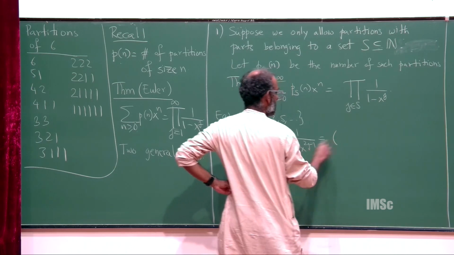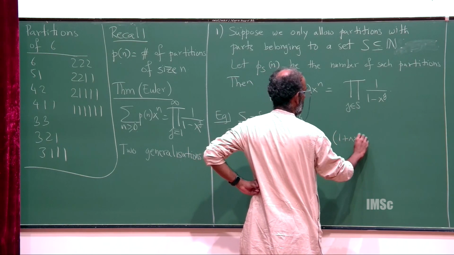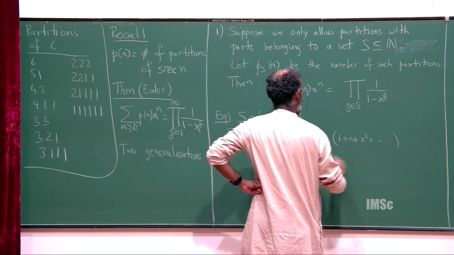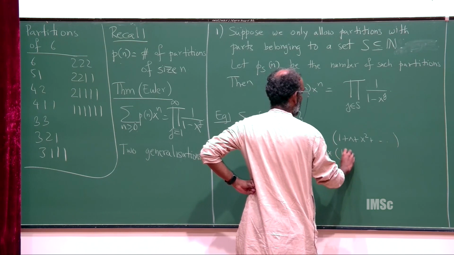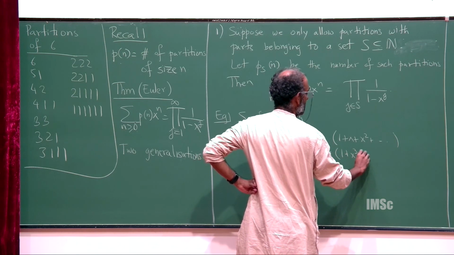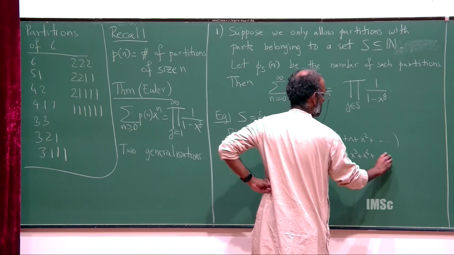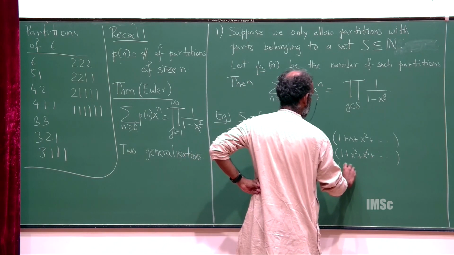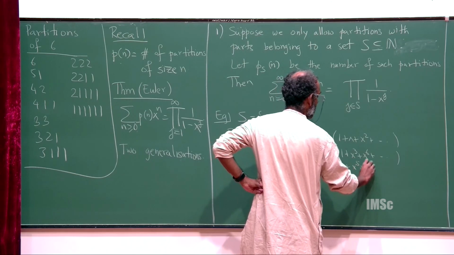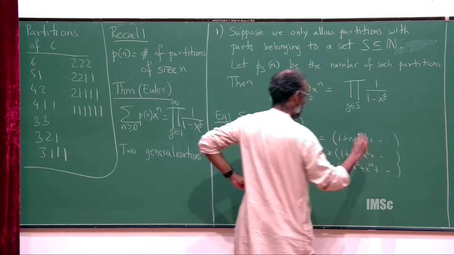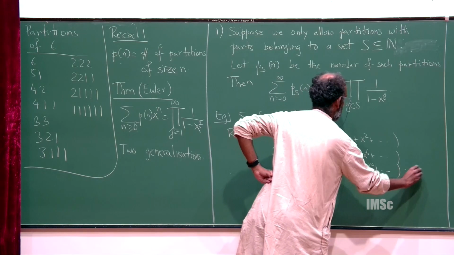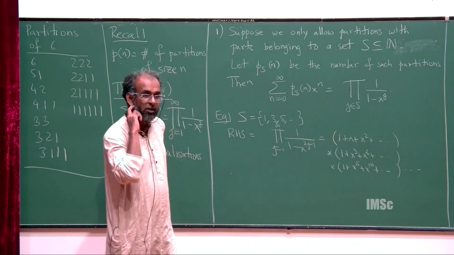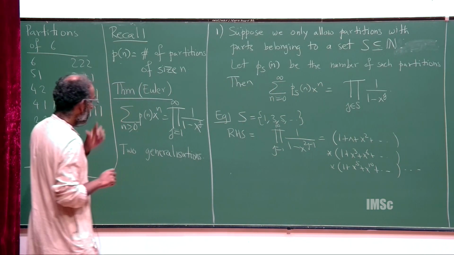My first term will be 1 plus x squared plus etc. My second term will be 1 plus x cubed plus x to the 6 plus etc. The third term will be 1 plus x to the 5 plus x to the 10 plus etc.